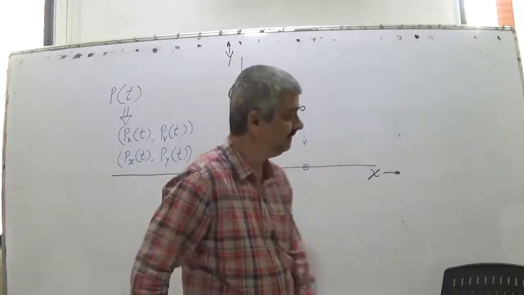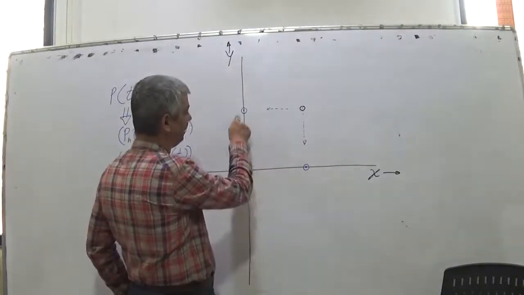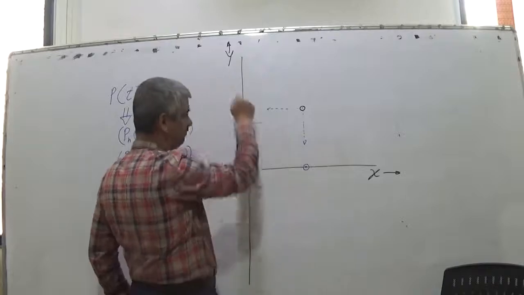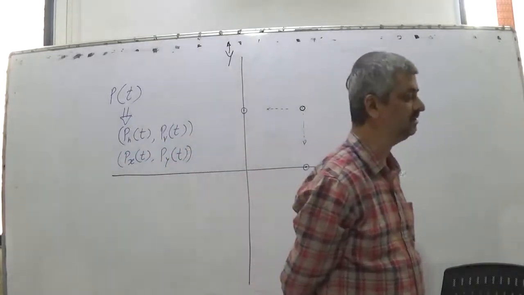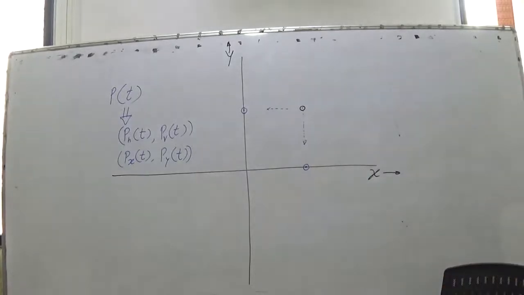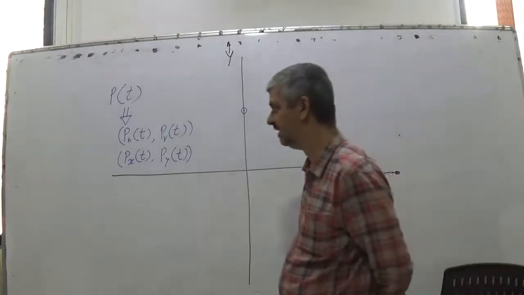Projections, now what will happen? Px(t) and Py(t). Px(t) will always be on the x-axis, Py(t) will always be on the y-axis. Therefore, the position of Px(t) and Py(t) can be described by a single real variable. And when I say real variable, it includes a sign.